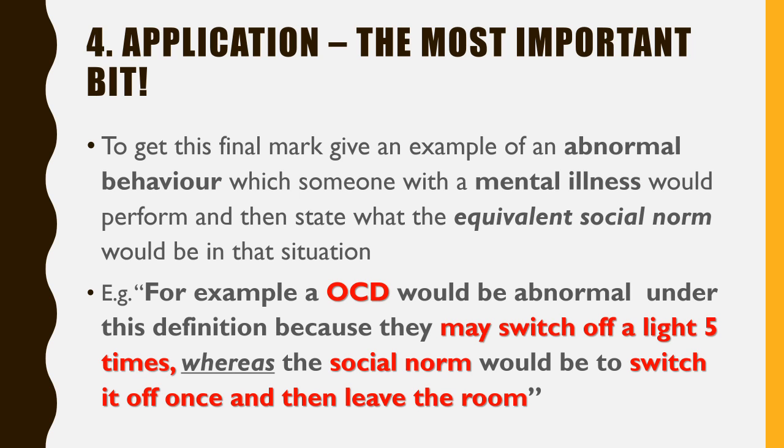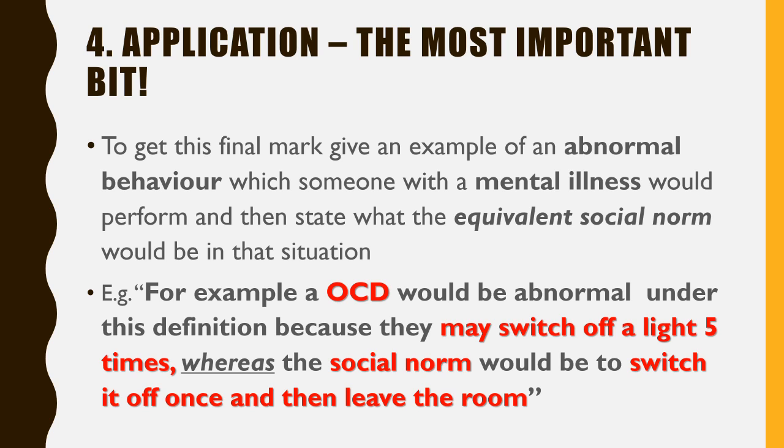So, for example, OCD would be abnormal under this definition because they may switch off a light 5 times, whereas the social norm would be to switch it off once and then leave the room. So you're naming a disorder, you're saying it's abnormal, you're saying what behaviour they would perform, and you're giving the equivalent social norm.